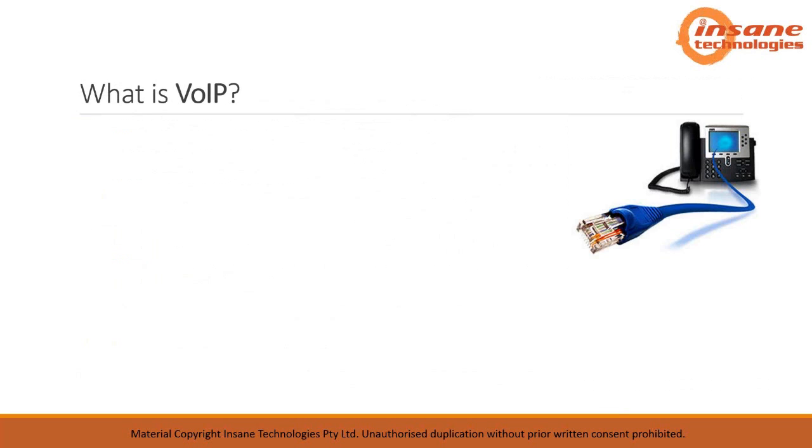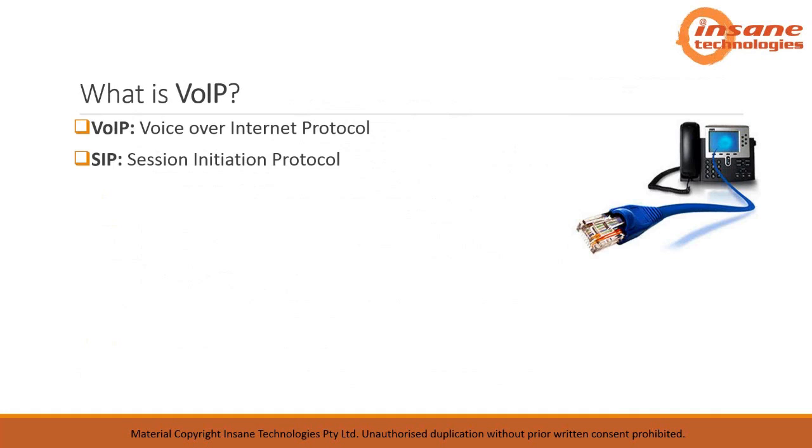So what's VoIP? Well, VoIP stands for Voice over Internet Protocol, and basically what that means is that we are sending voice signals along a network connection. When we talk about making telephone calls over the Internet, the way in which that works is using a protocol called SIP, and that's the language in which the telephone system and the telco provider talk to each other.